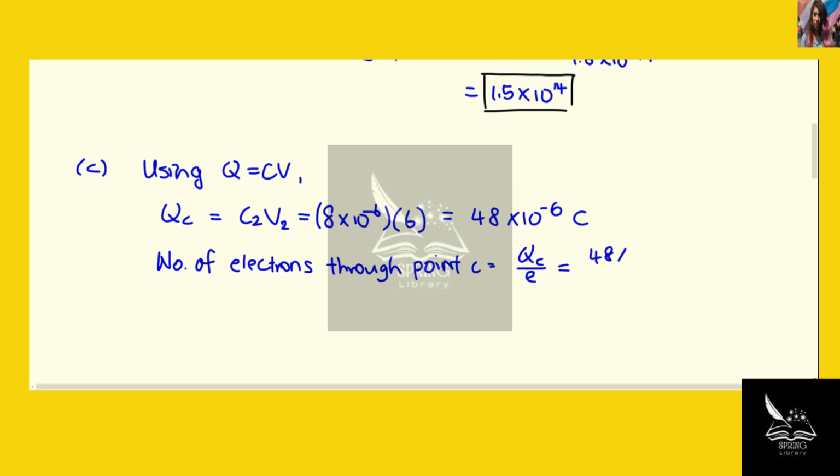You get 48 times 10 to the negative 6 divided by 1.6 times 10 to the negative 19. This is 3 times 10 to the 14 electrons.